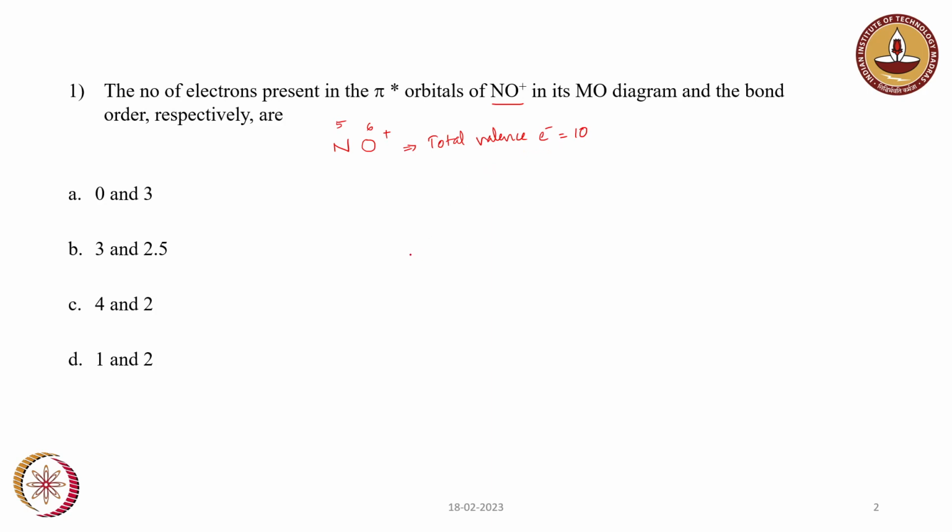Since the oxygen is more electronegative atom, its atomic orbitals will lie lower in energy compared to nitrogen. So let's draw the energy diagram.